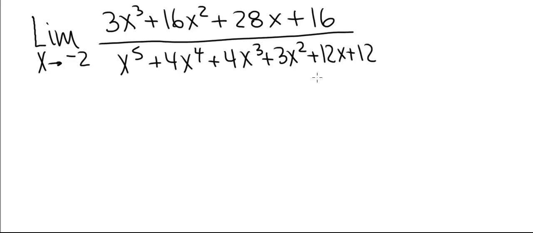So the first thing we're going to do when we attempt to evaluate this limit is see if this function is continuous at x equals minus 2, in which case the value of the function and the limit are one and the same.